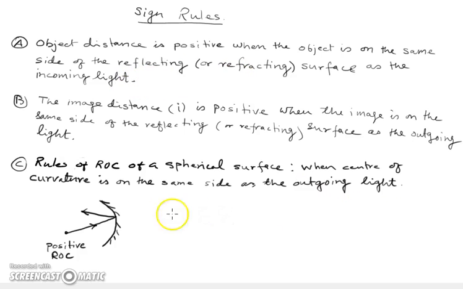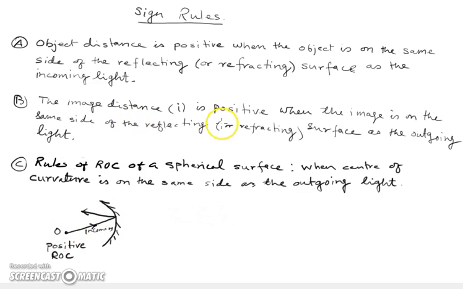So if I have this object here, let's say this is my object, and I call it object O, then it is on the same side as the incoming ray. This ray is my incoming ray, so my object distance will be positive.